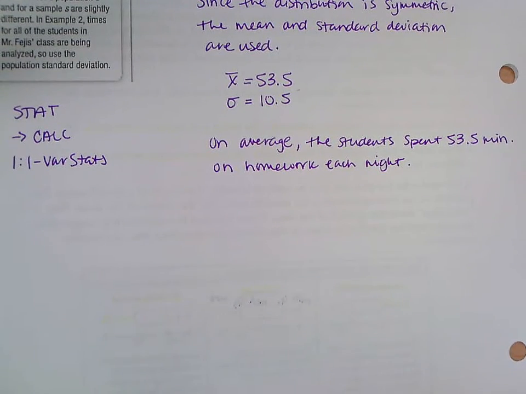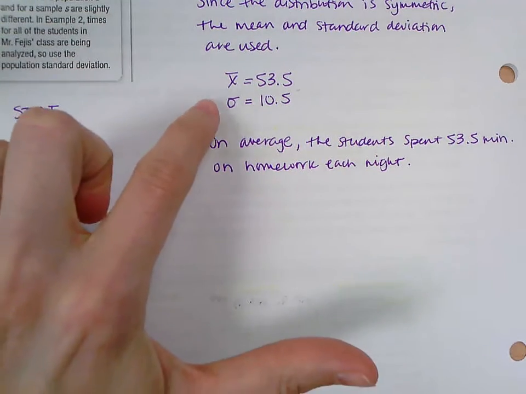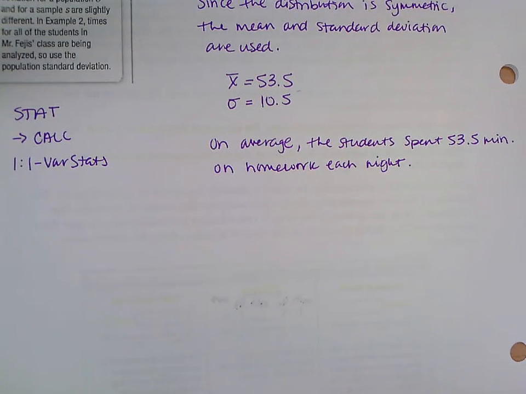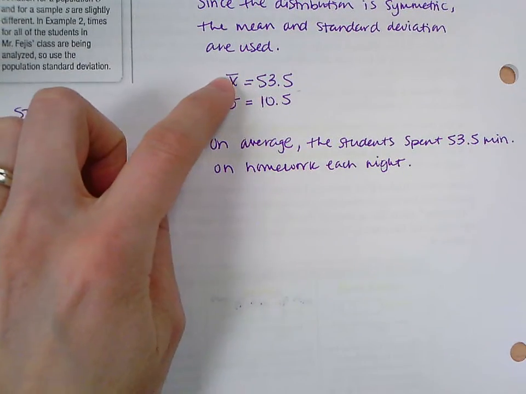And then the standard deviation. So this one I know is always a little weird to explain, but again, what it is, it's on average how far away from the mean the data values are.